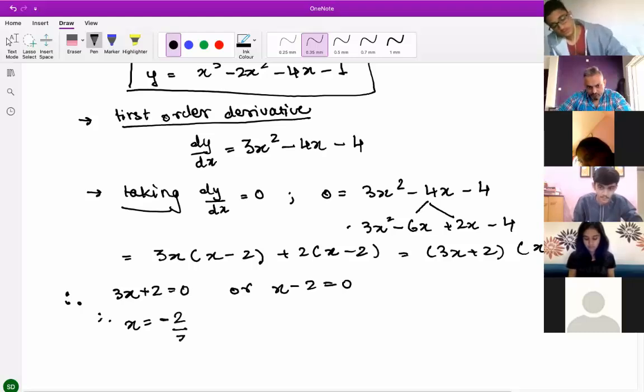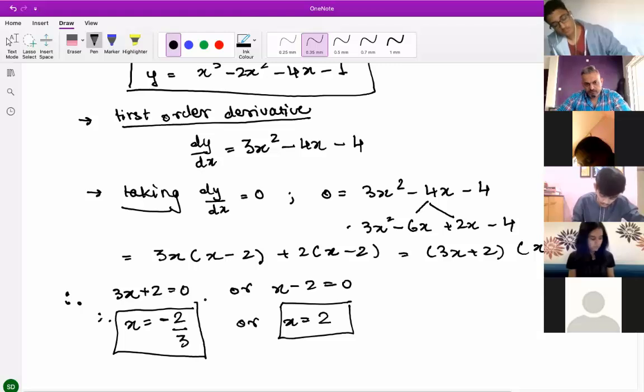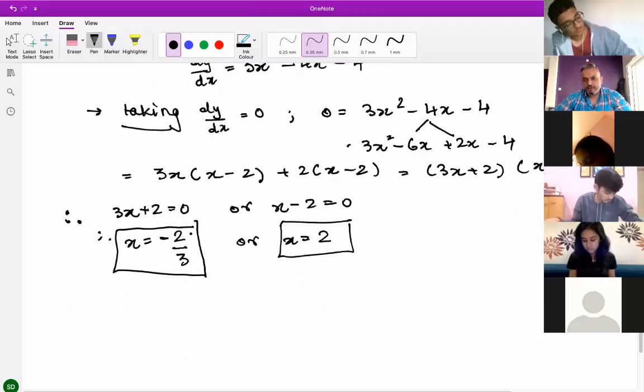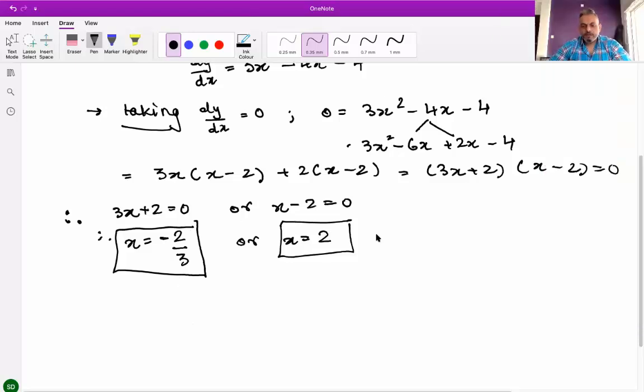So minus 2 by 3 or x is equal to 2. Now we have got two values of x. We have to check at what value of x the function will be maximum or the function will be minimum.